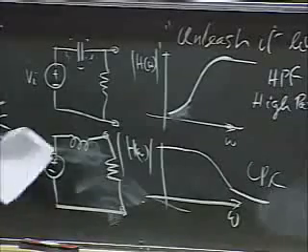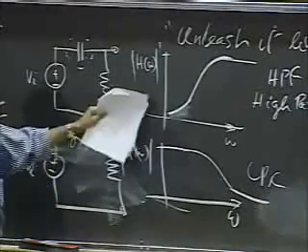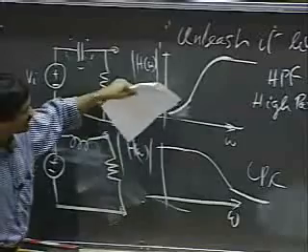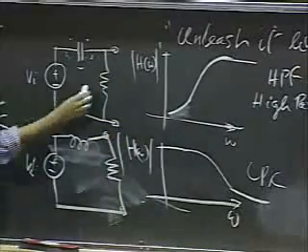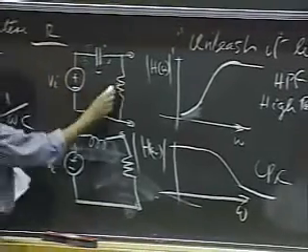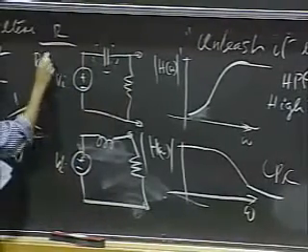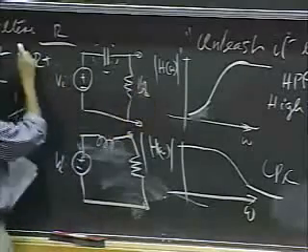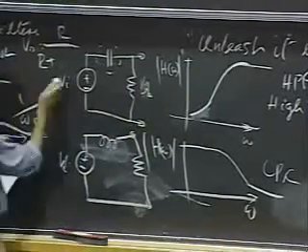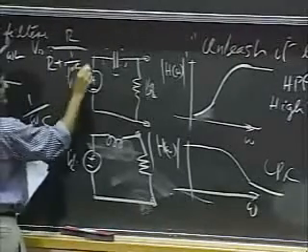Okay? Just to go back to a question asked earlier, is how do you know what this looks like? So I can very quickly write down the expression for H of j omega. This is simply going to be R divided by R plus, this is VR. VR is simply R divided by 1 plus j omega C. Okay?